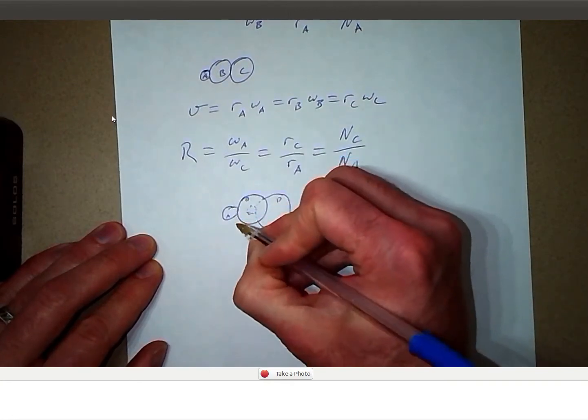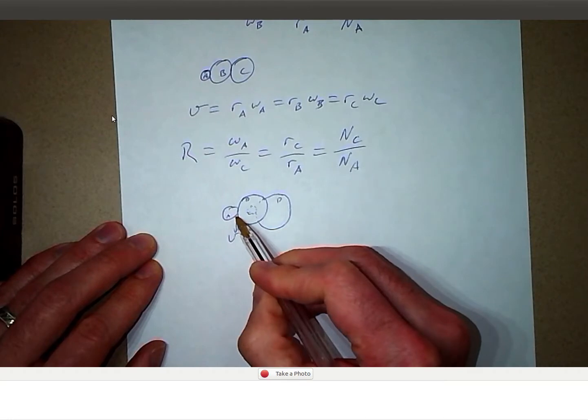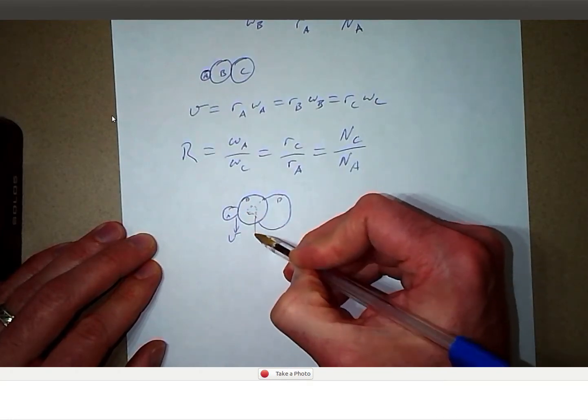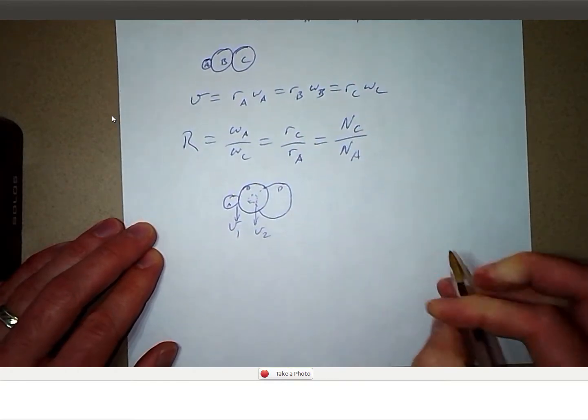The difference here is that the linear velocity on A and B is not the same as the velocity on C and D. So we'll call these V1 and V2.